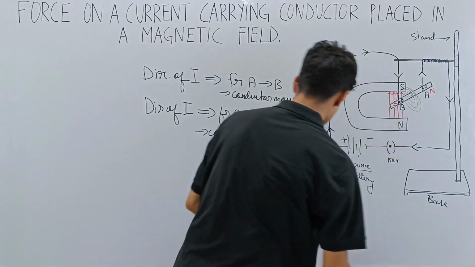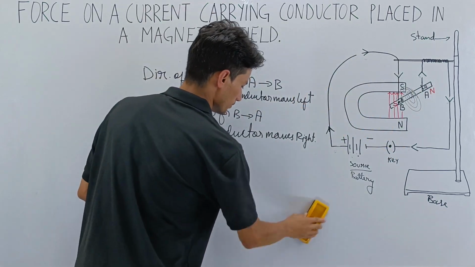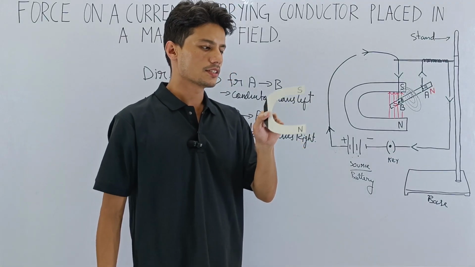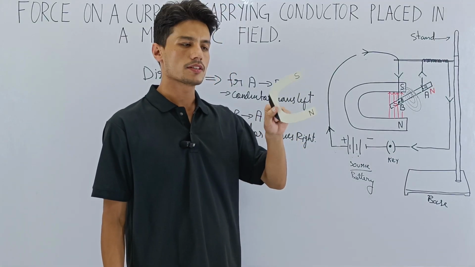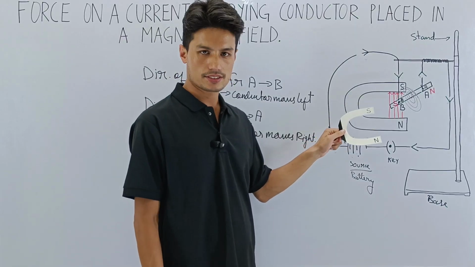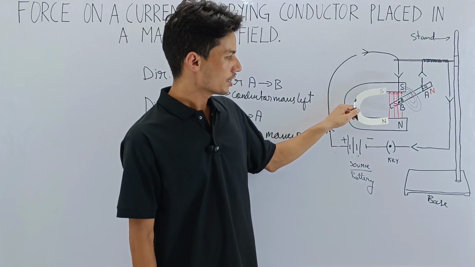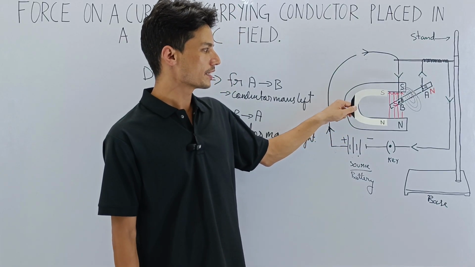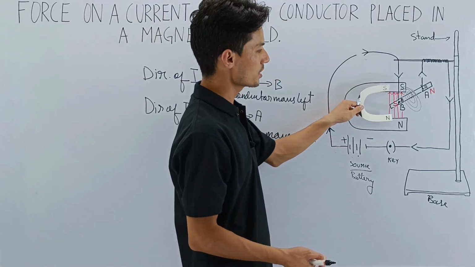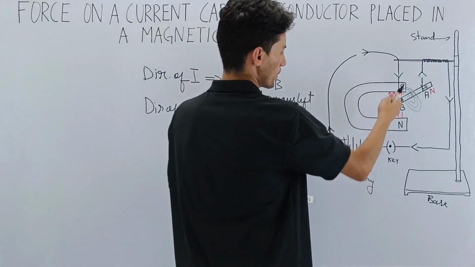Now we have studied what happens when we change the direction of current. Now let us study what if we change the poles of the magnet? So let's do from here.